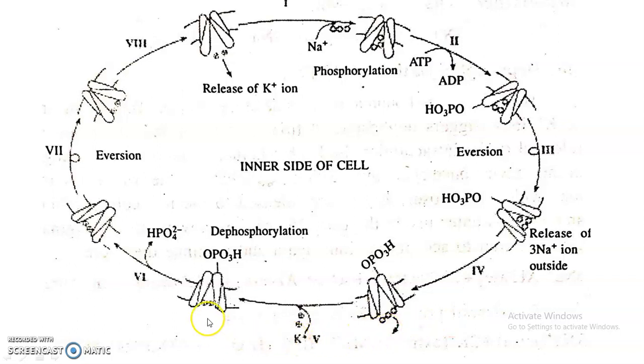Again potassium ions enter into the ATPase from here. So 2 potassium ions enter into the cell, and 3 sodium ions go out or are released out of the cell. In this way the concentration will be changed. So this is how the sodium potassium ion pump works.